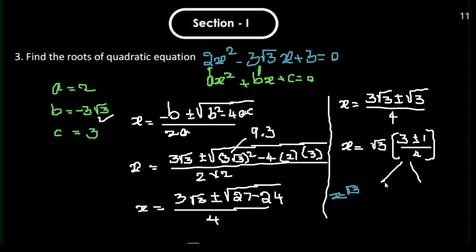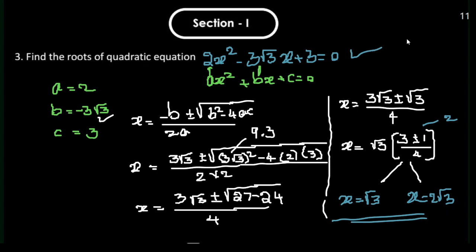It is 4, right? 4 by 4, anyway it is 1. Got it? So if I consider the plus term, then x is equal to root 3, only root 3. But if I consider minus, 3 minus 1, it is 2 by 4. So the bracket term will be 2, right? So x is equal to 2 root 3. So these are the roots of this expression.